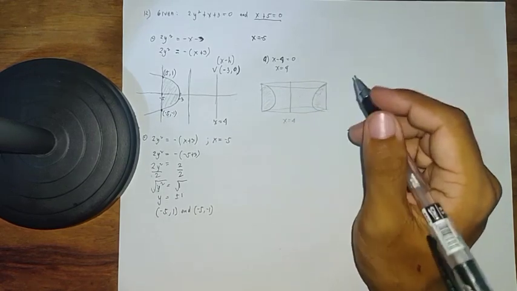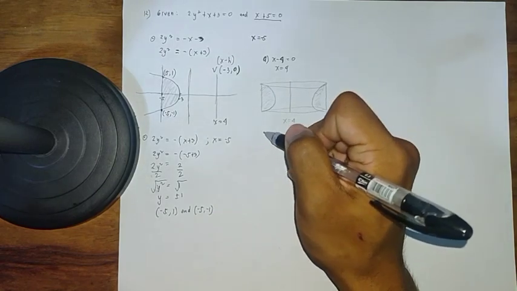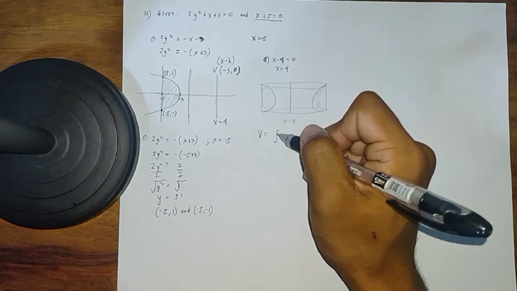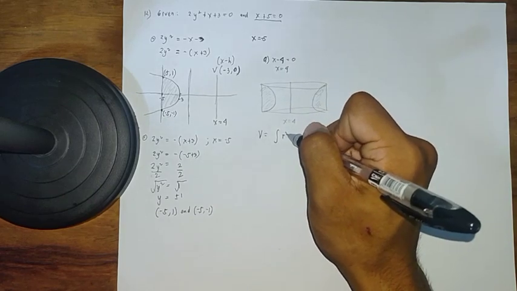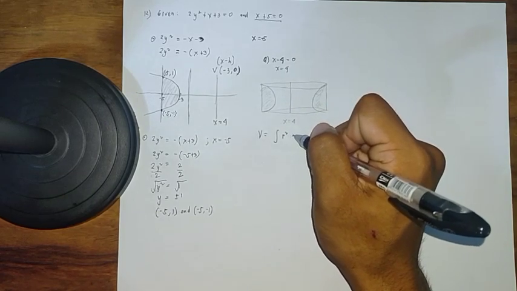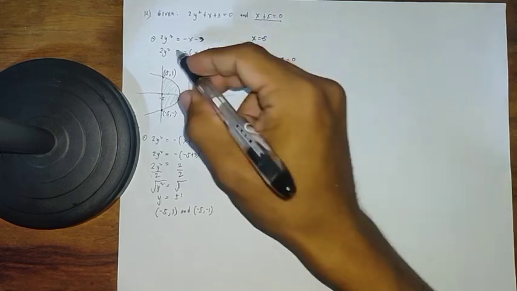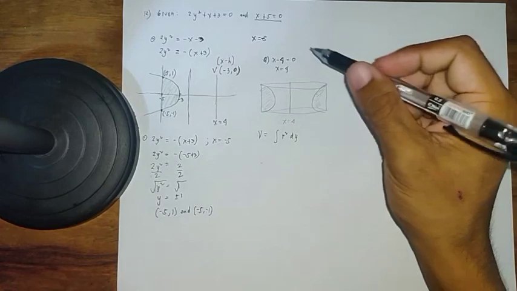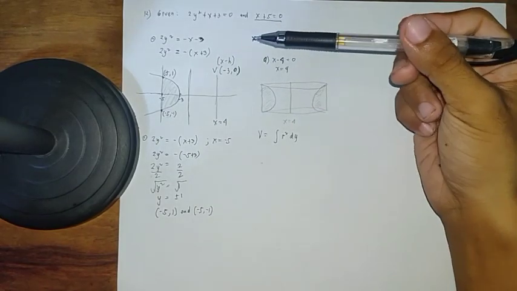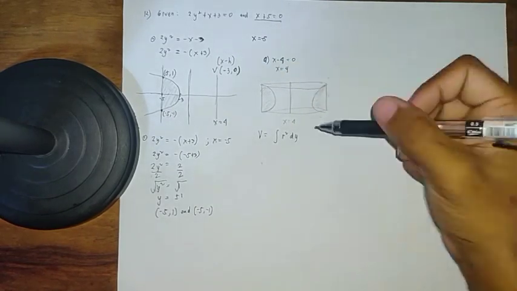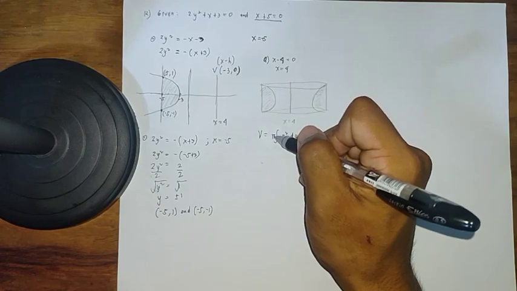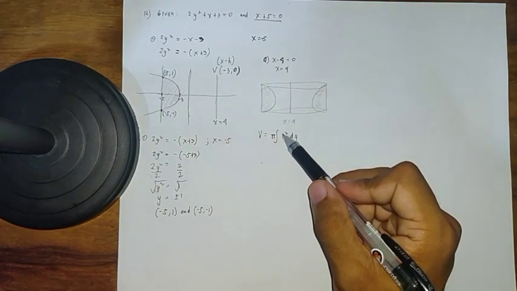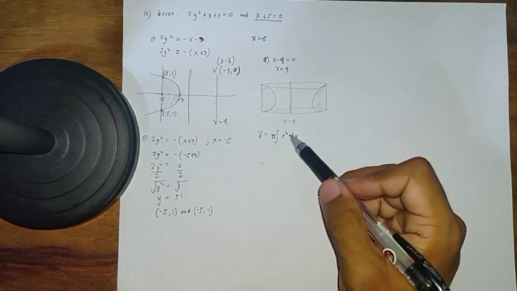So, sa this washer method, yung pinaka general formula niya is volume is equals to the integral of r squared dy times pi, kasi gusto kong gamitin yung dy dito kasi alam ko na nababagay sa problem natin. So, kailangan muna natin ma-determine kung ano yung value ng r natin dito.